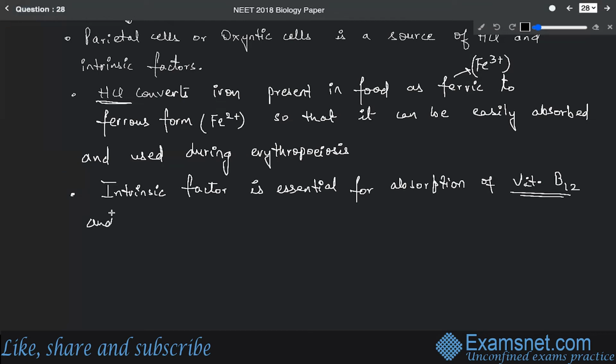And if the deficiency will take place of these, so this will lead into pernicious anemia. And its deficiency causes anemia.